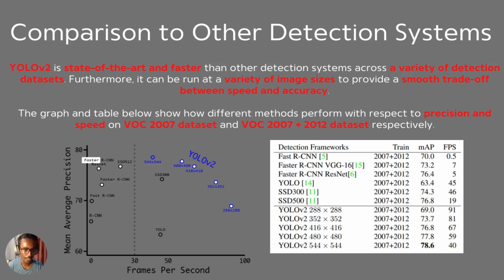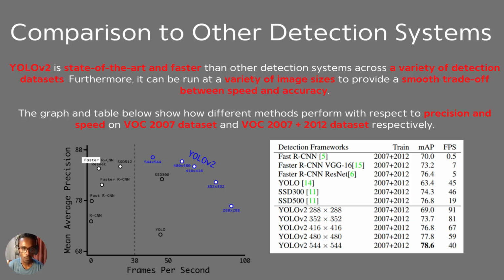And you could see that YOLO v1 is actually the lowest one, but its speed was actually higher than Faster RCNN, so it's found to the right of Faster RCNN. And for YOLO v2, the mean average precision is computed at different resolutions, and these points represent when the resolution of the input image is being changed.